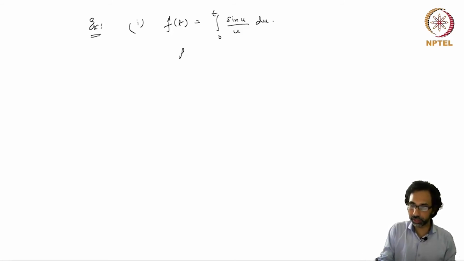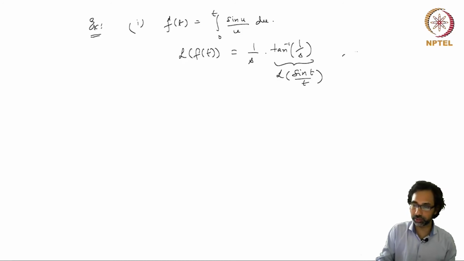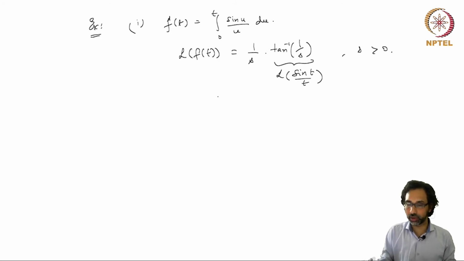So we have seen that the Laplace transform of f(t) is equal to 1 over s times the tan inverse of 1 over s, and this was nothing but the Laplace transform of sin t over t, valid for s greater than 0. So again we can verify this formula for the Laplace transform of the integral from 0 to t of sin u by u du.